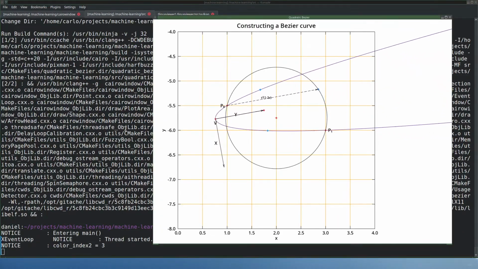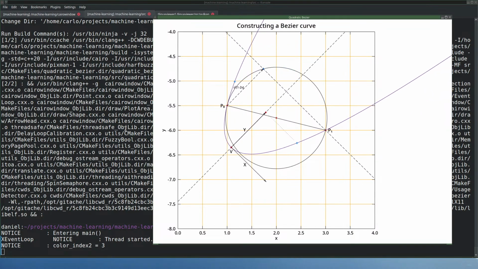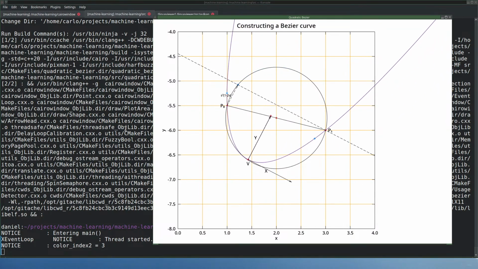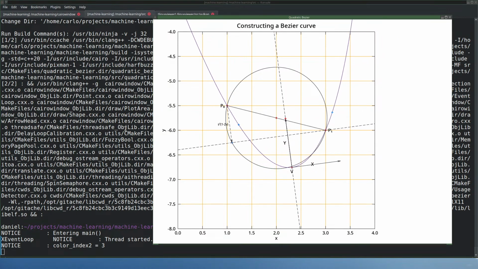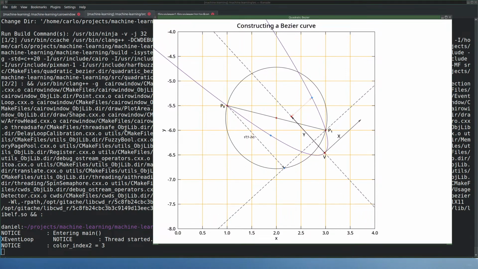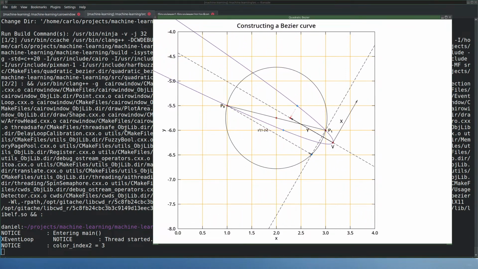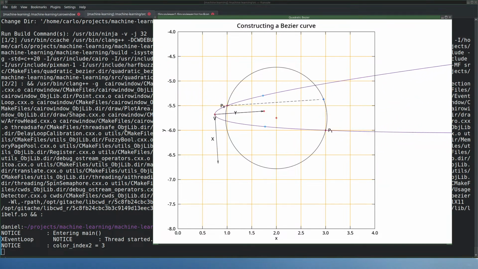Oh yeah, pretty slow. And flickering. Oh my god, why is this flickering? Not as bad as before, but it's definitely still flickering. And there is no arc.